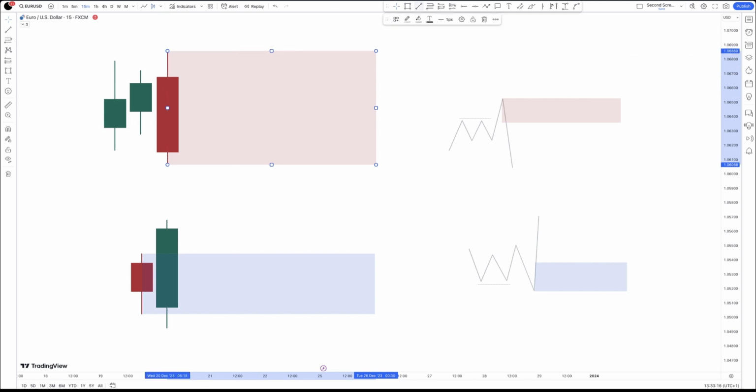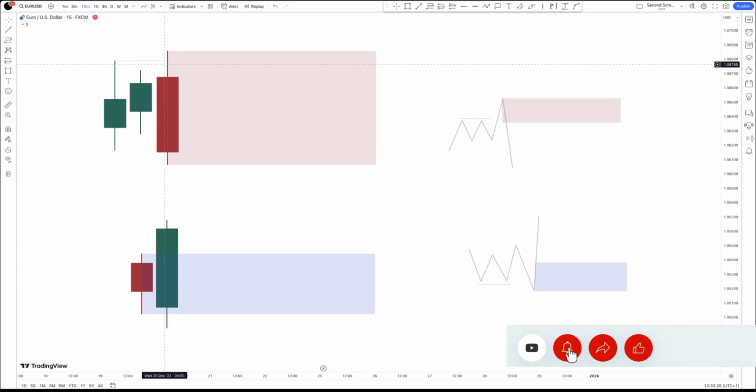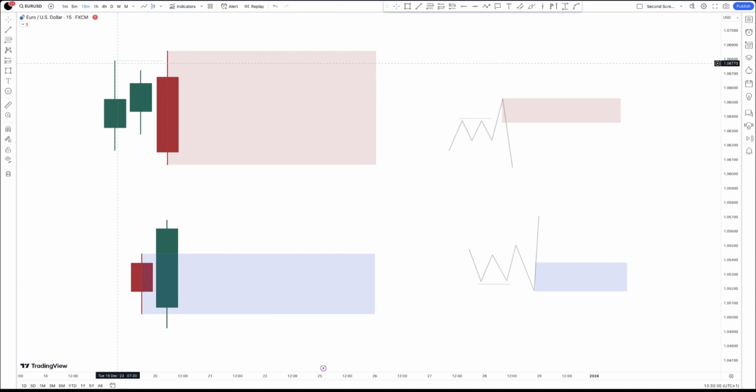Because this was the candle that took out every liquidity here. This was the candle that identified that institutions have taken out every buy stop loss around here before dropping down, which is the concept you can see here. They take out everybody's buy stop loss before dropping down. The same scenario occurs here.